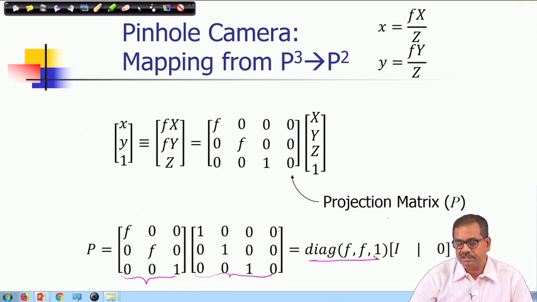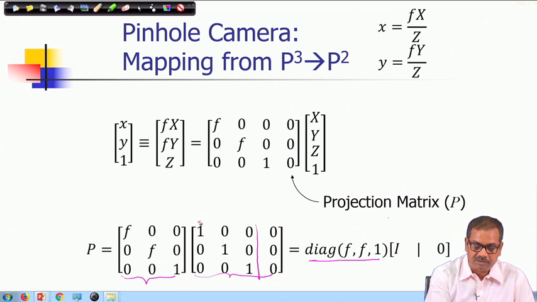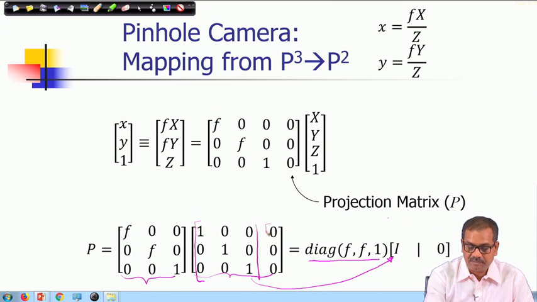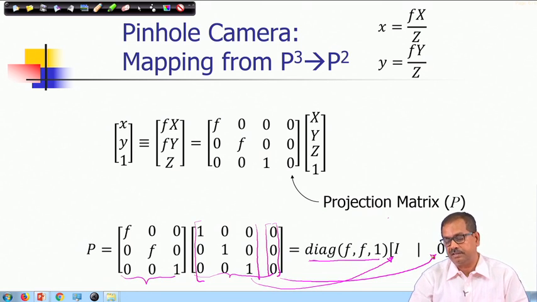We will simply list its diagonal elements, whereas for representing the right hand side matrix, there are two submatrices. One submatrix is a 3 cross 3 identity matrix, which is shown here as I, and the other submatrix is a 0 column vector, which is also shown in this representation.